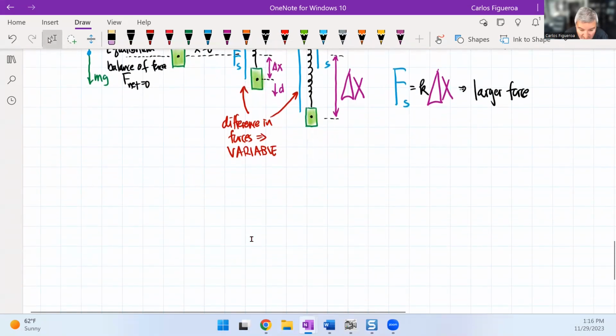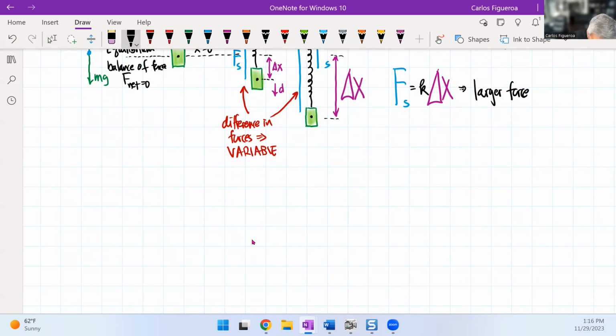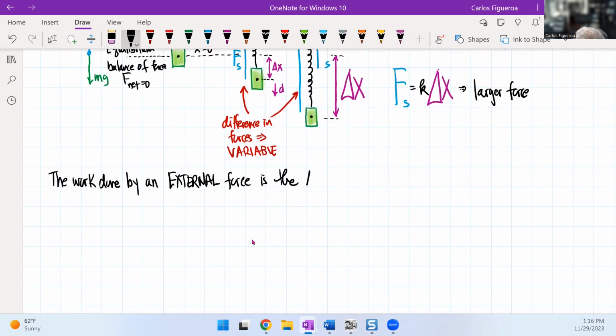So here we go. By definition, here's what we know. The work done by an external force is the area under a force versus displacement curve.